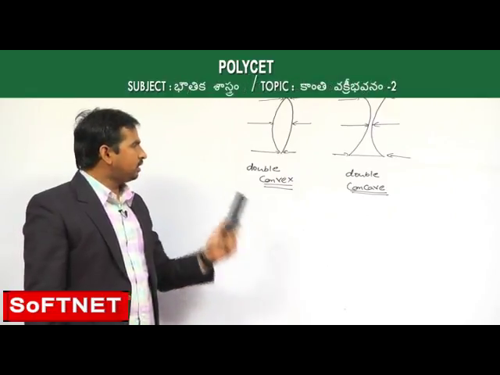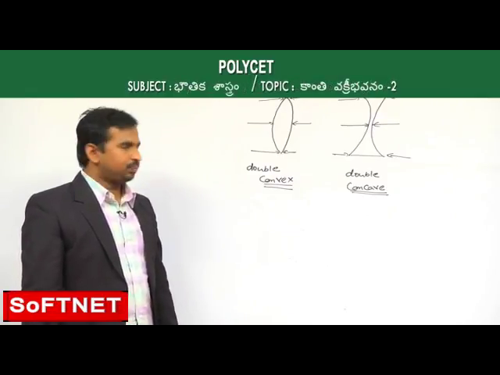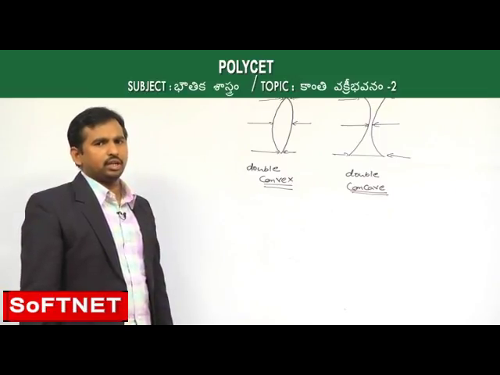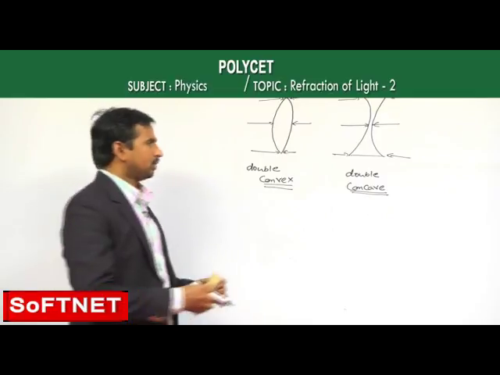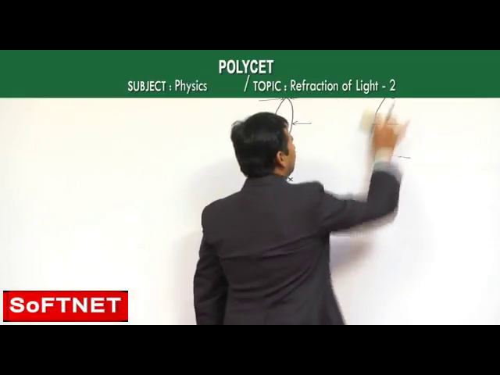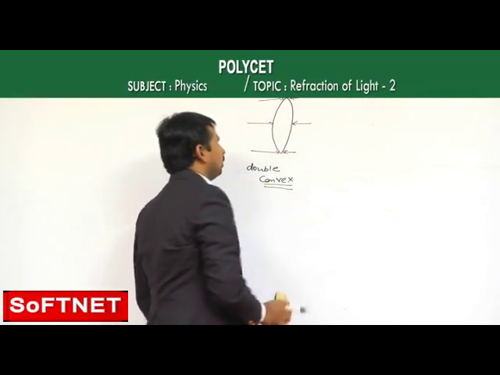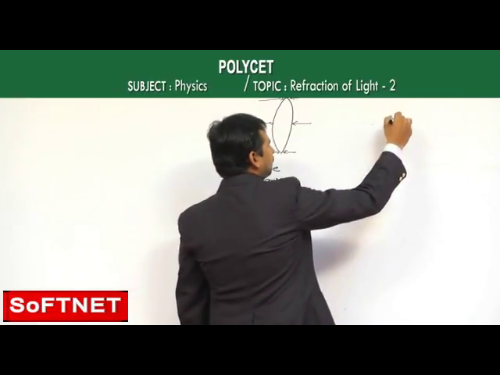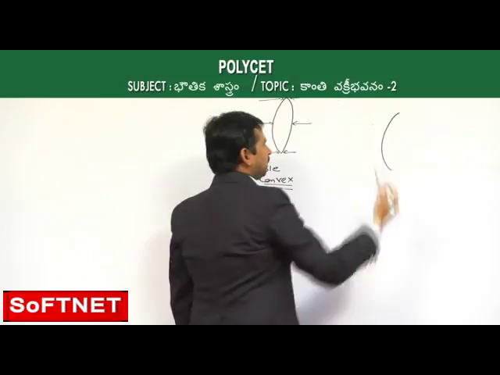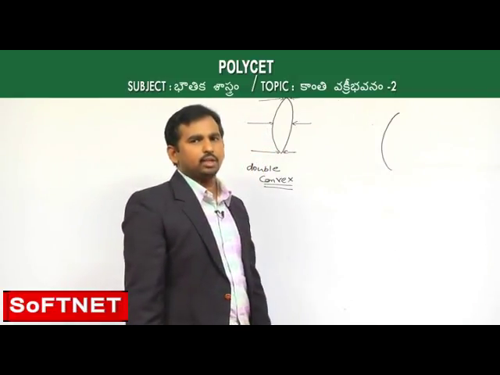Okay. Now we will see how a double concave lens and a double convex lens behave during the refraction effect. At first, we are taking a double convex lens. The light ray is coming from rarer to denser, starting from air.